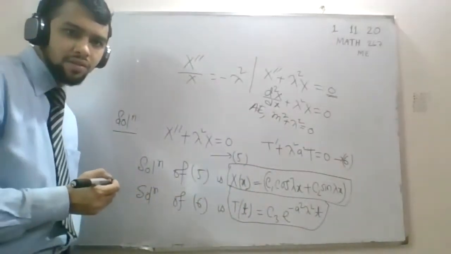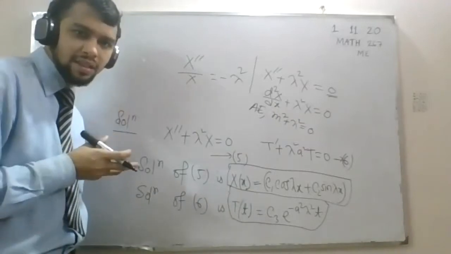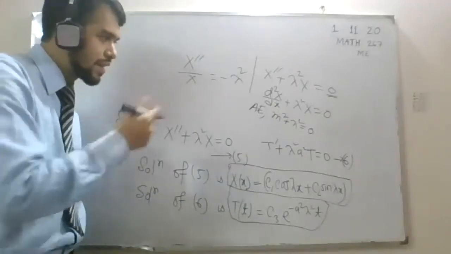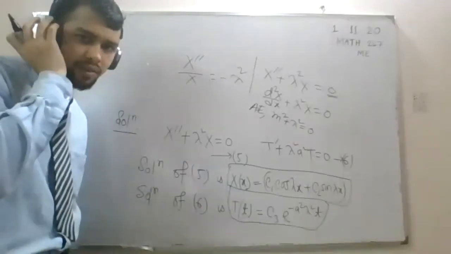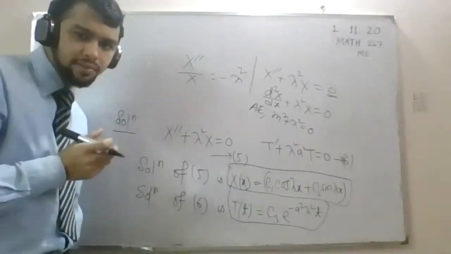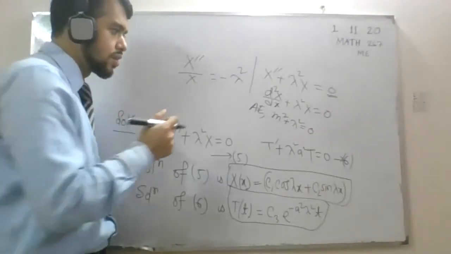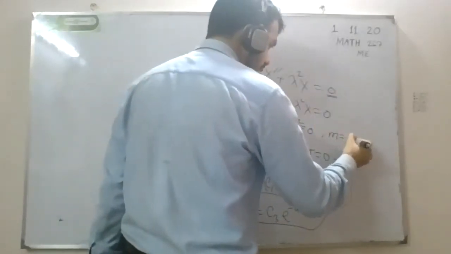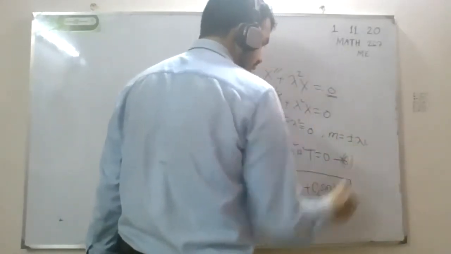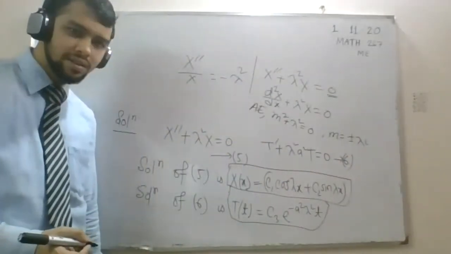That means you have to replace operator D by M. Okay. Got my point, everyone? Yes, sir. Okay. So from here you can say this is M equals to plus minus lambda i. Here the roots are plus minus lambda i.